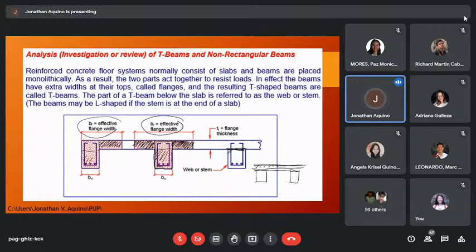So intentionally binubuhusan na yung beam tapos next is yung slab. So yung ganyang case ng construction, hindi natin siya makonsider monolithic, okay? But we can consider this one as just simply rectangular beam plus slab on top.